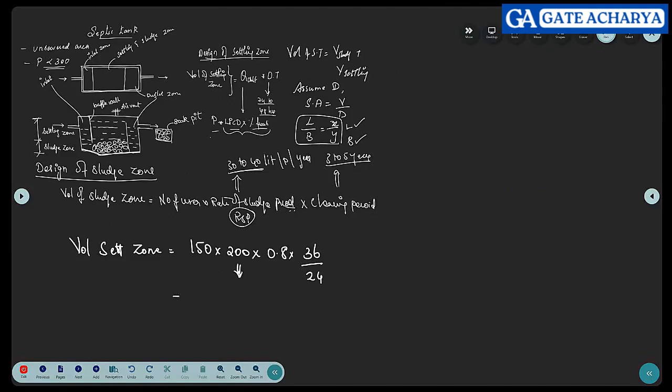Divided by 1000 to get the value in meter cube. Give me the value in meter cube. Do you get 36 meter cube? 36 meter cube, right?